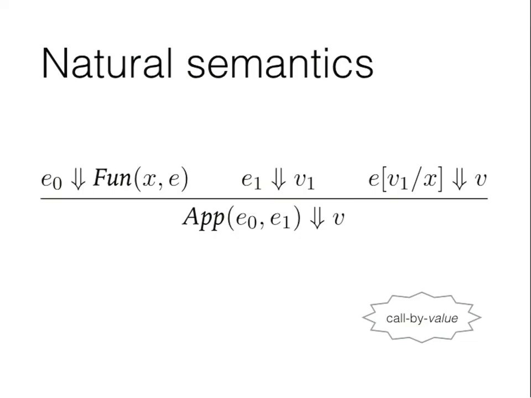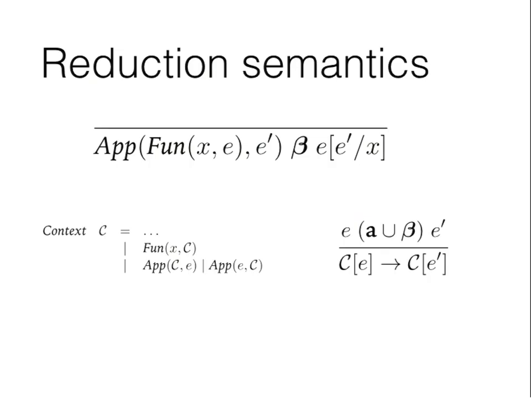If we wanted that semantics, it's just a different rule, saying that E1 has to first evaluate to a value, and then you substitute the value for X. The reduction semantics, we're going to have a new axiom, which says if you've got a function that is being applied, so you've got these things ready to go, then you can take that reduction step, and then you have some new contexts, and you say that if either by the arithmetic axioms or my new beta axiom, you take a step, then you can take a step in context.